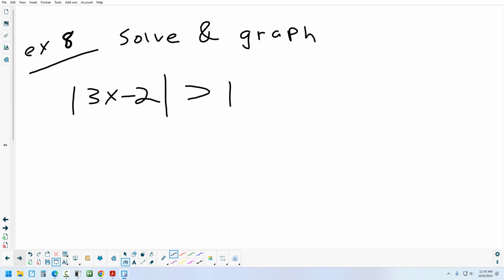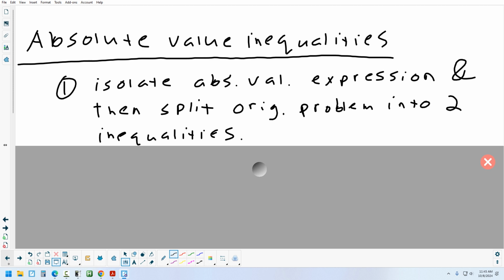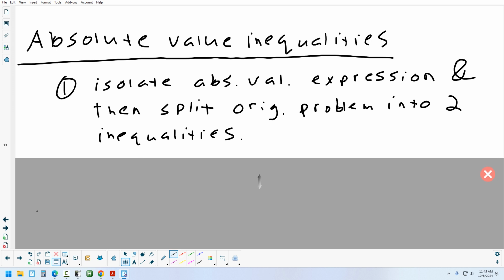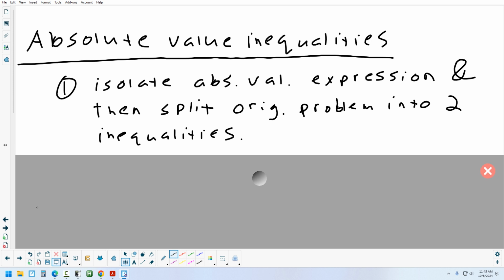It is by itself, and there's nothing else on the outside of the bars on the same side. Okay. And now we're going to split it into 2 problems. Does anyone remember from yesterday, we only had to do one thing to get the first one we split it into? Does anybody remember what you do to the original problem to get the first one that it splits into?